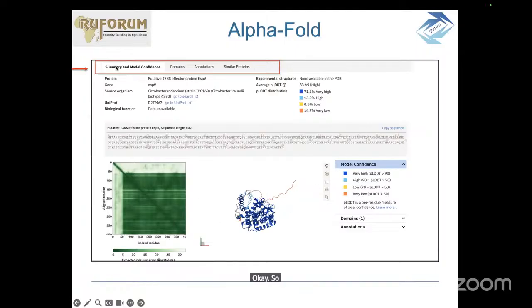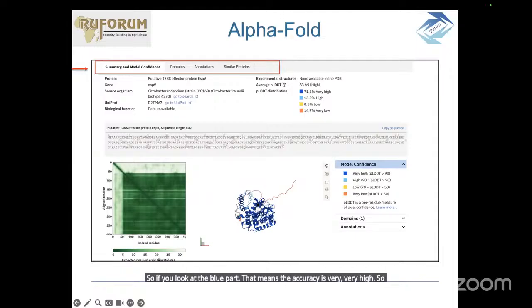So here, you'll see a summary and model confidence. These are the scores, but I would like you to pay attention to the predicted structure. So when I submitted my protein, this is my predicted structure. If you look at the blue part, that means the accuracy is very, very high.